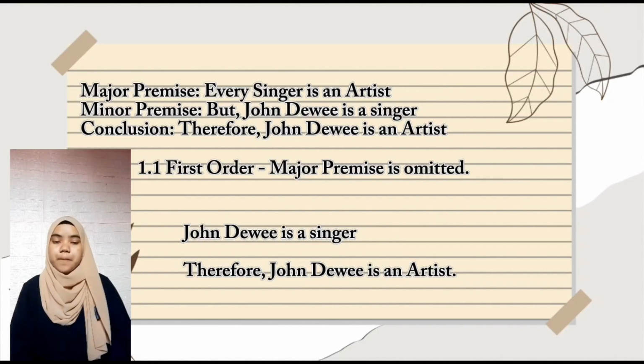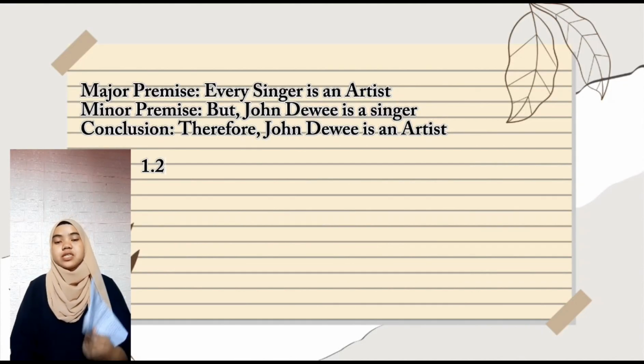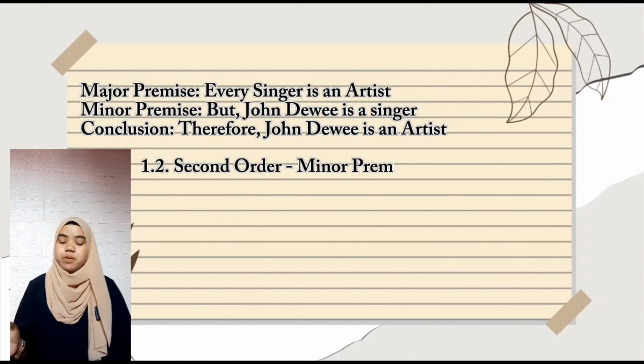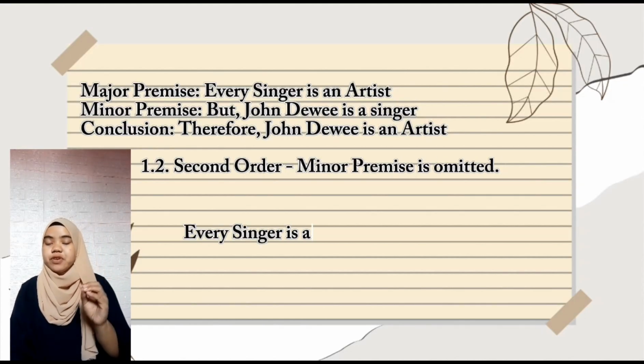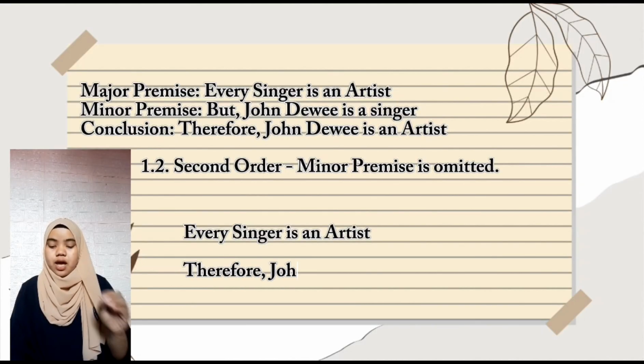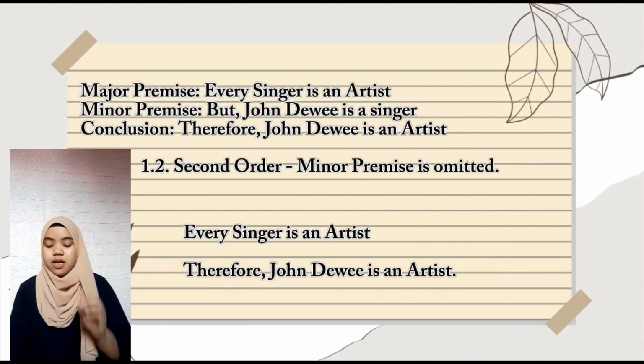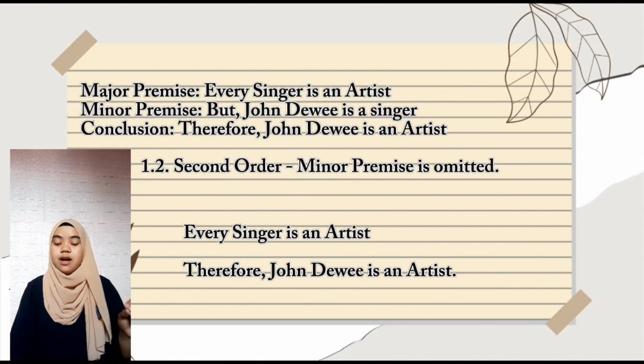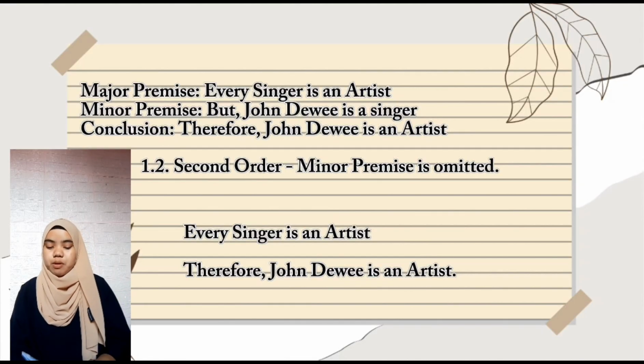And then the second order is the minor premise. So, yung minor premise naman ang nawawala. So, it becomes every singer is an artist. Therefore, John Dewey is an artist. Pansin nyo, di ba? The minor premise is nawawala. So, ang major premise naman at saka conclusion ang nakikita or nababasa natin sa statement.